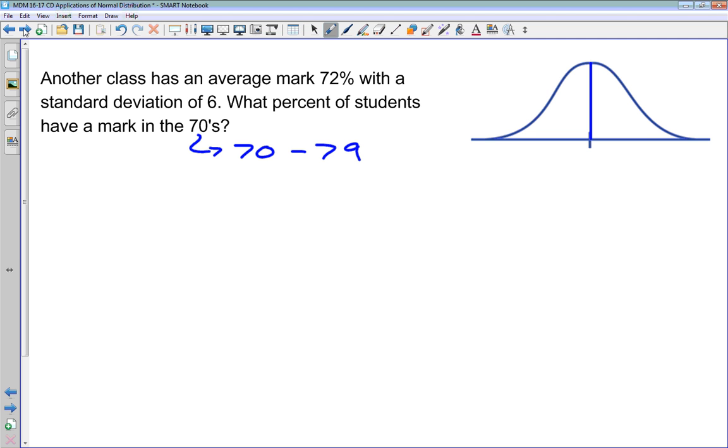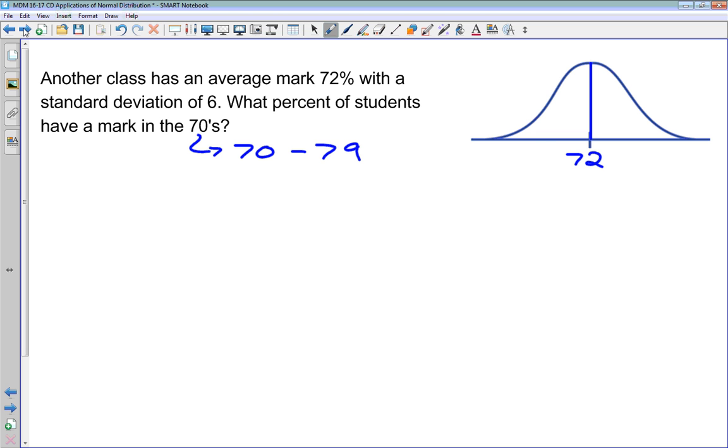So what do we need to do here? Well, let's label the diagram. Our mean mark is 72, standard deviation 6. What percent of students have a mark in the 70s? We want to figure out how many are between 70 and 79. What percent of the data are between those two values?